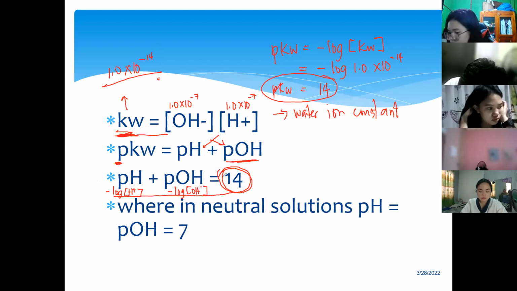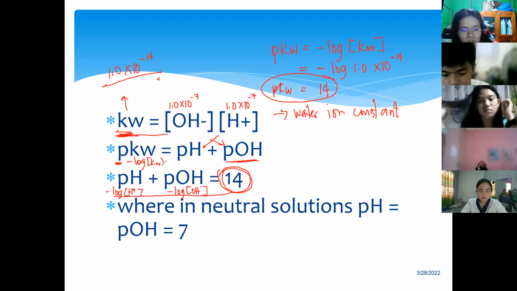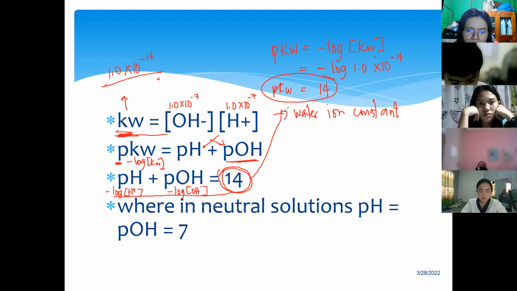So this one naman, the pKw will be negative log of the Kw. So pag i-compute natin, negative log of the Kw, the pKw is 14. Okay, so dyan siya galing, class. And again, this one is constant. Hindi nagbabago ang kanyang value.